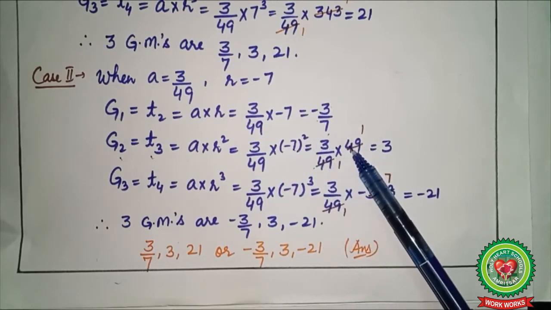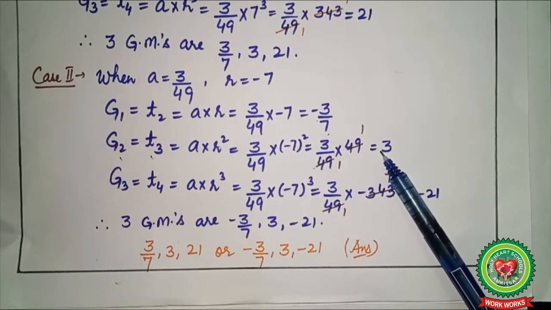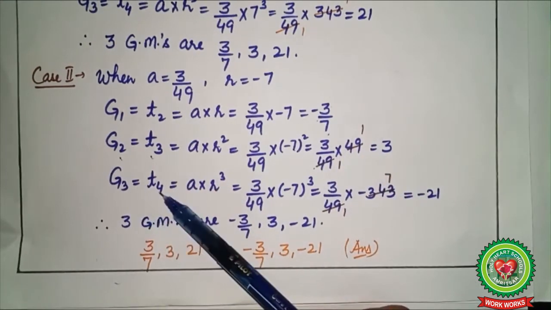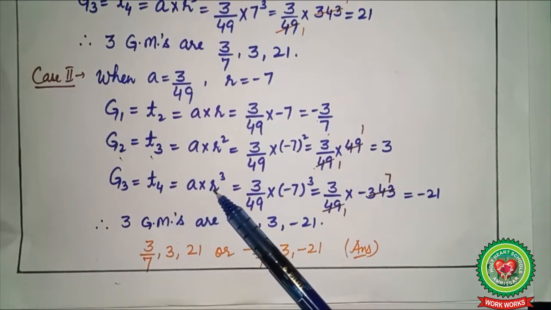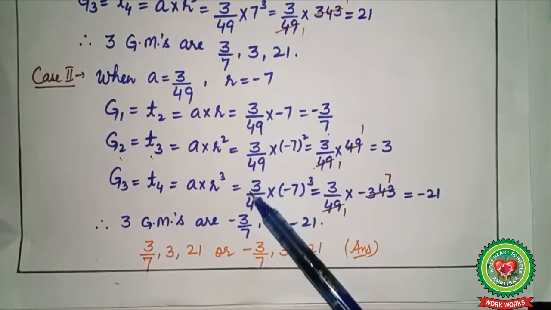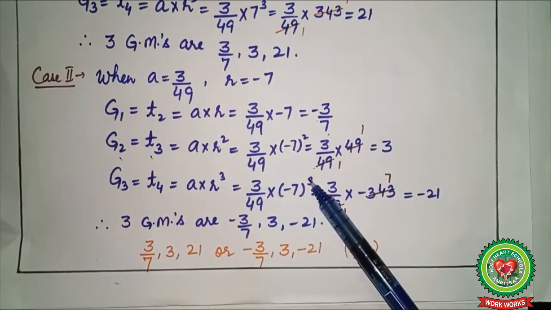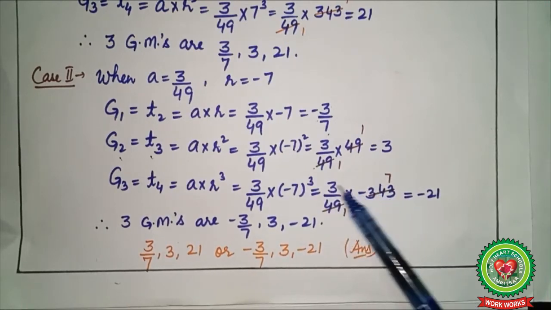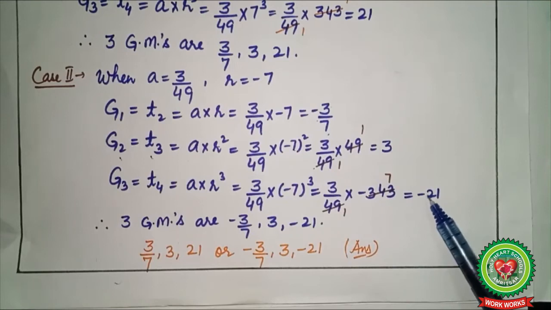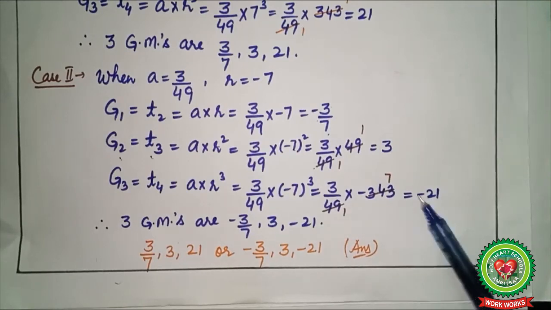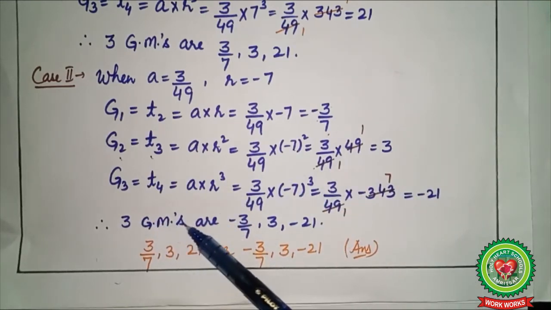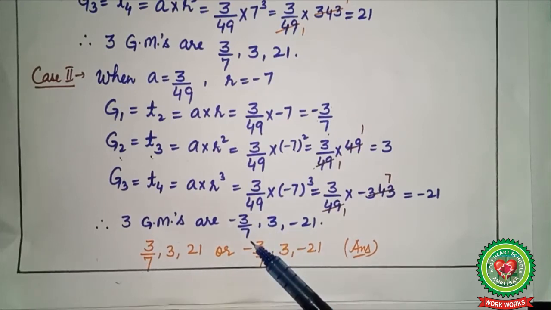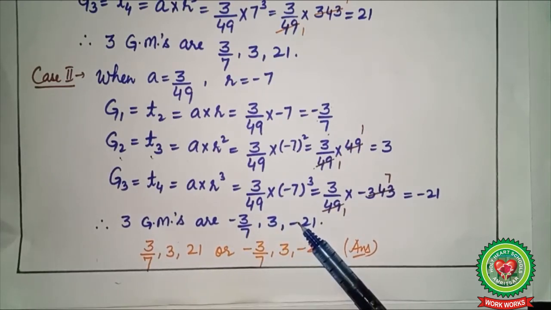So 49 cancels 49 and we are left with 3. G3 is the fourth term of the GP, so A r cube is 3 upon 49 into minus 7 cube, that is minus 343. After cutting, we are left with 3 into minus 7, that is minus 21. Therefore, the three geometric means are minus 3 by 7, 3 and minus 21.